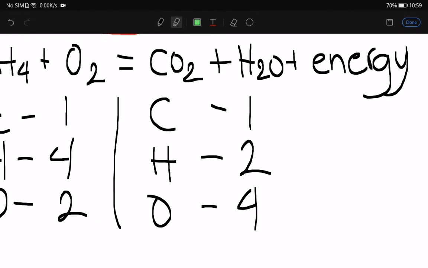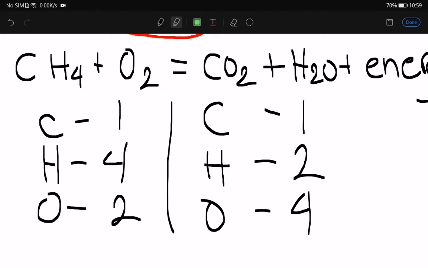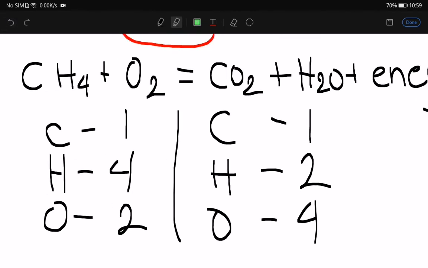So, basing on this side, dito muna tayo mag-base. Let's base it from that side. Kailangan natin ng 4 oxygen. Okay? So, actually my bad. I think that's 3 oxygen, if I'm not mistaken.